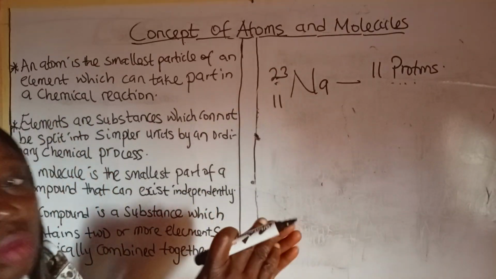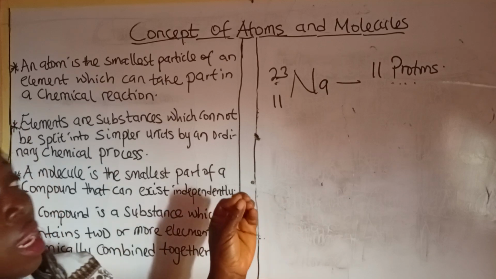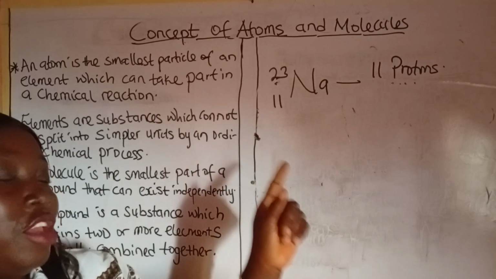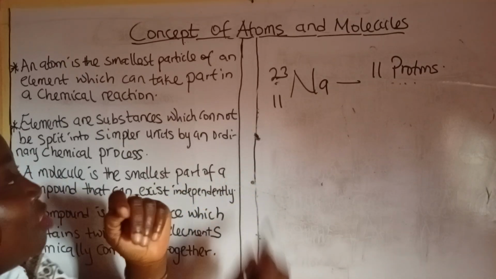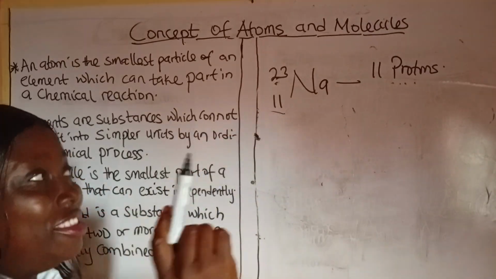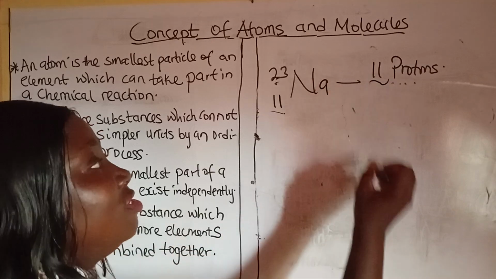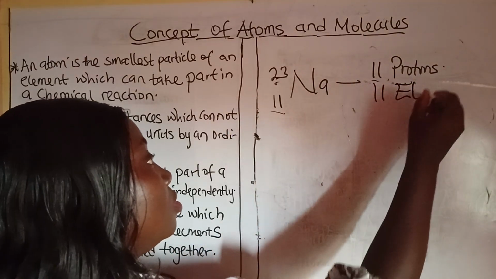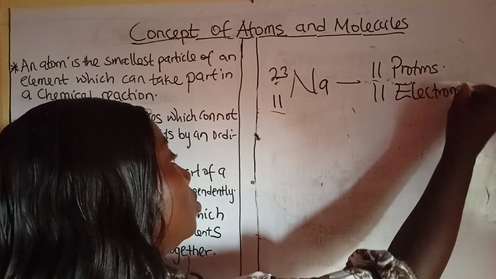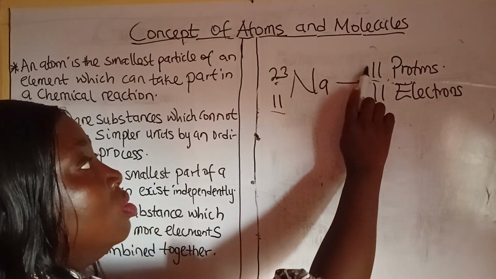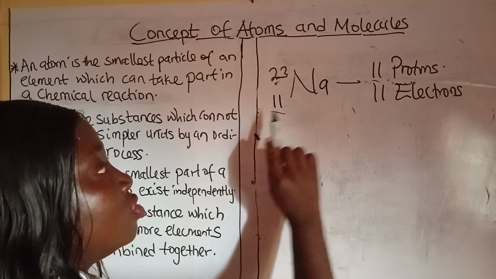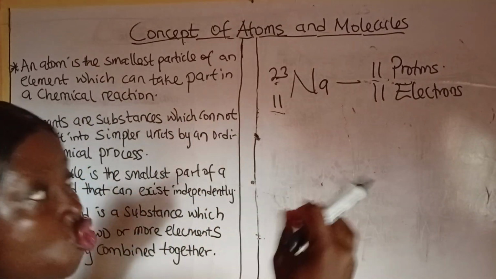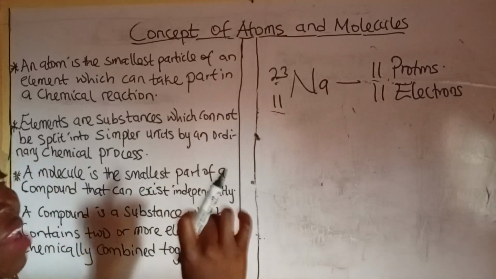And for every atom to be electrically neutral, it must have an equal number of protons and electrons. So if sodium has atomic number 11, it means it has 11 protons, 11 electrons. Now, the protons account for the atomic number, while the protons and the neutrons account for the mass number.